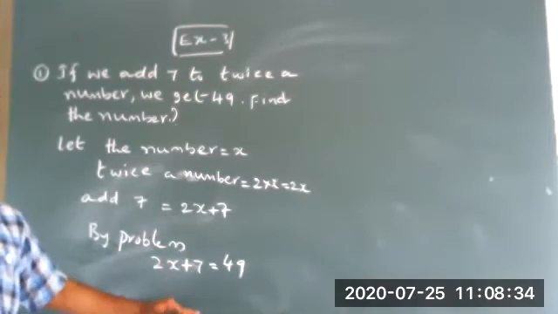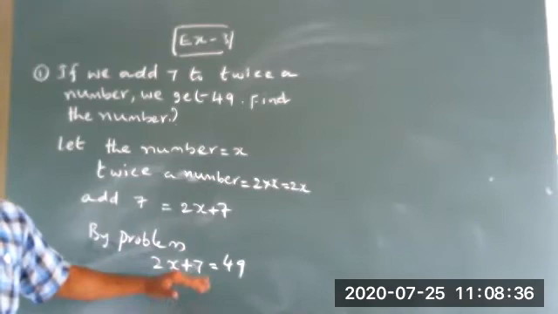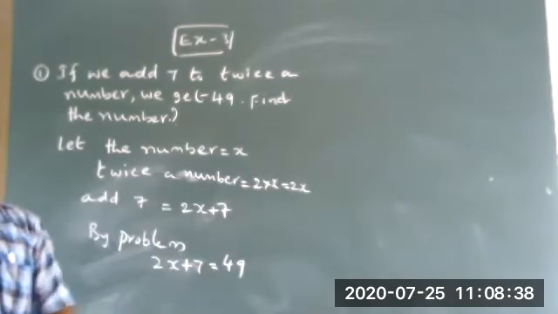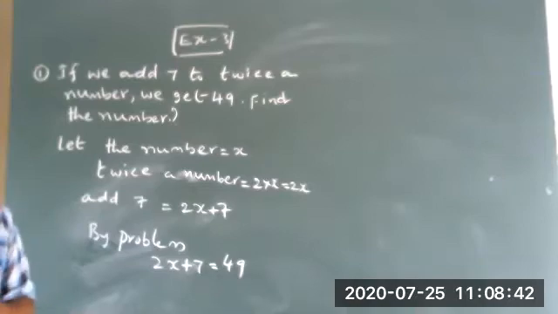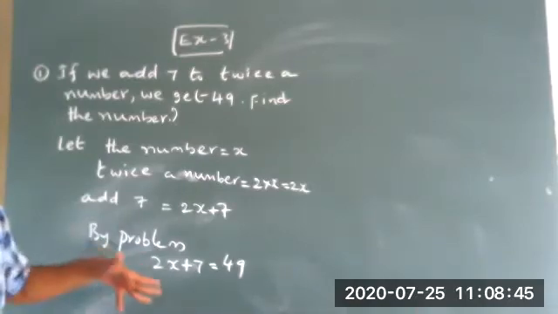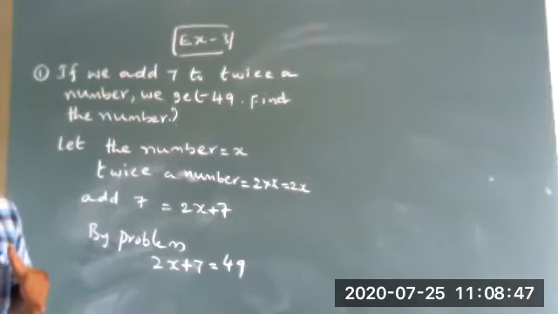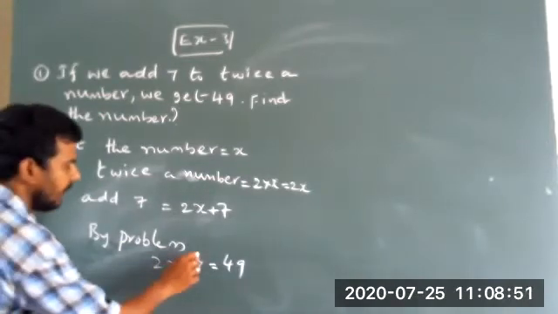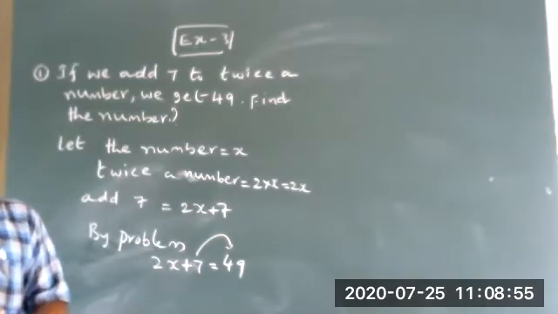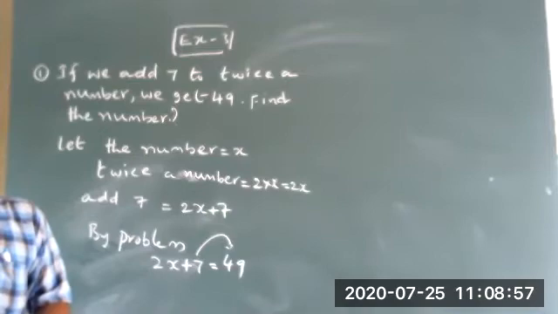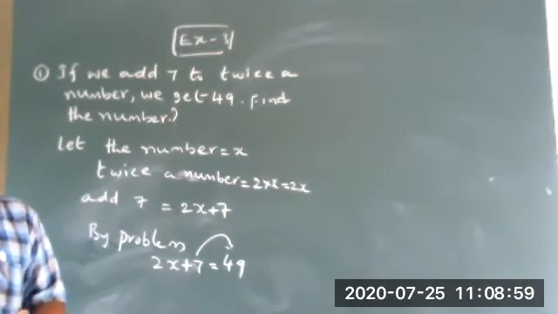In this simple equation, 2x plus 7 is the LHS part and 49 is the RHS part. In this solution, we have to find the variable. What is the variable, children? X. We will find the value of x. So this 7 is sent to the RHS side. I already explained transposing terms from LHS to RHS.